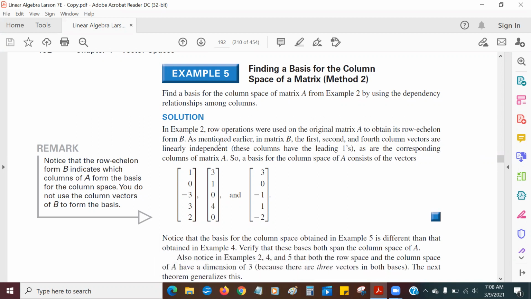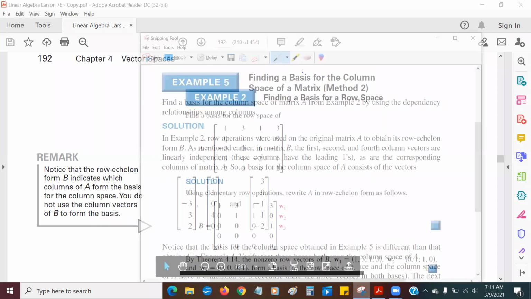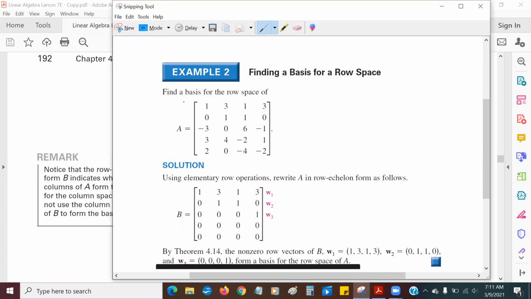If you recall, this is actually example 2, where we wanted to find the basis of a row space. We took this matrix, did the row operations, and put it into row echelon form, and I got these three row vectors.